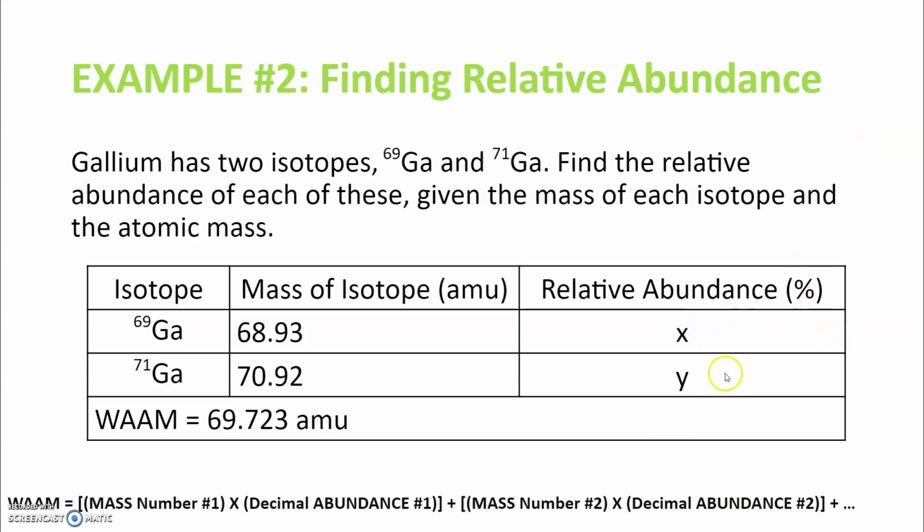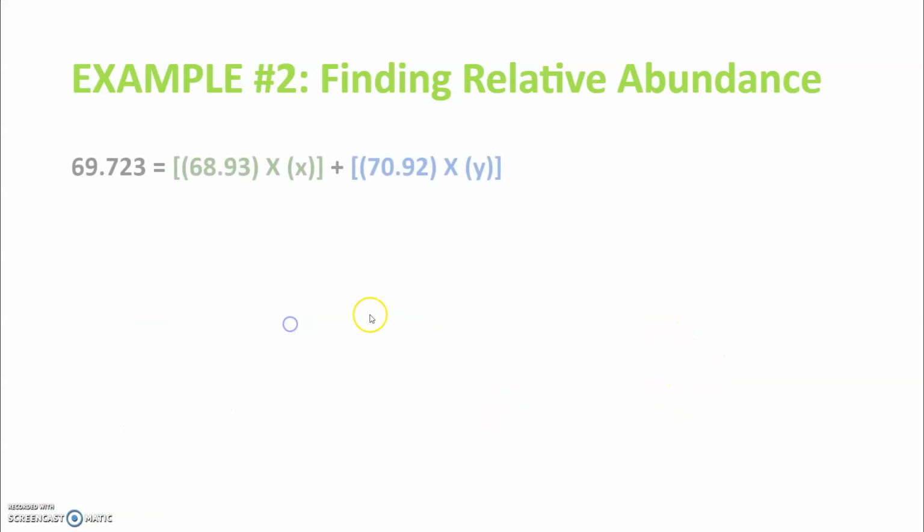Right off the bat, I'm starting to think, interesting, because I have two variables. So if I start to think about this and set it up, I have the WAAM is equal to the mass of the first isotope times the percent abundance, which is unknown, so we'll call it X, plus the mass of the second isotope, which is 70, times its abundance, which is also unknown, and is Y. It's possible that X and Y are the same.